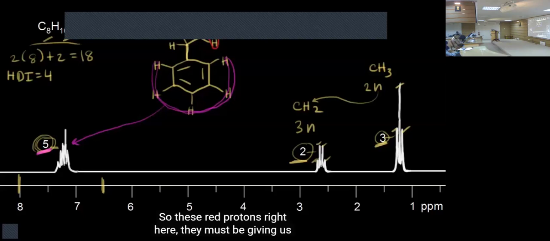When you see the triplet, you immediately think there must be a CH2 next door to this triplet. And looking at the intensity, the integration value, you know there are 3 protons.